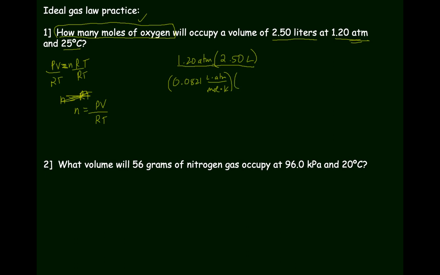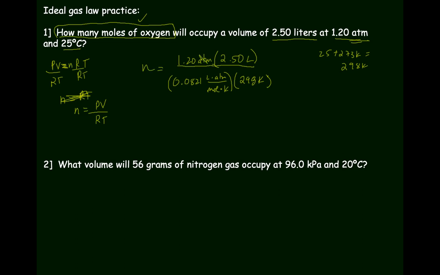And I'm going to multiply that by my temperature. Now, be really careful. For 25, you have to add 273 to get the right units, which is 298 Kelvin. So I'm going to put my 298 Kelvin here. All right. And now what I find out is, all you dimensional analysis people will love this, and this again equals n.